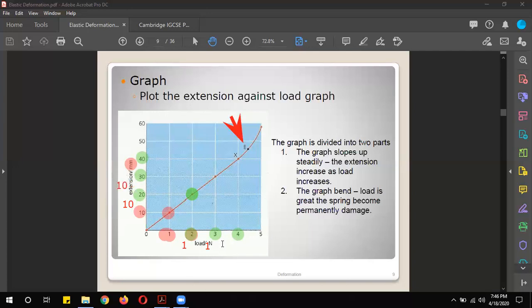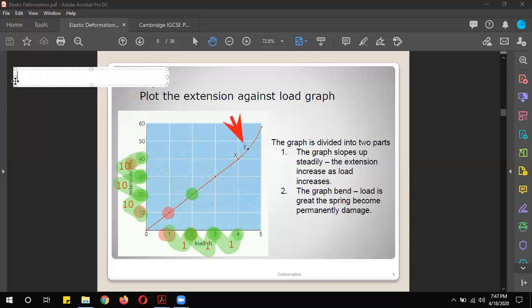How? 1 plus 1 is 2, and 10 plus 10 is 20. Now 2 plus 1 is 3, and 20 plus 10 is 30. Again 3 plus 1 is 4, and 30 plus 10 is 40.